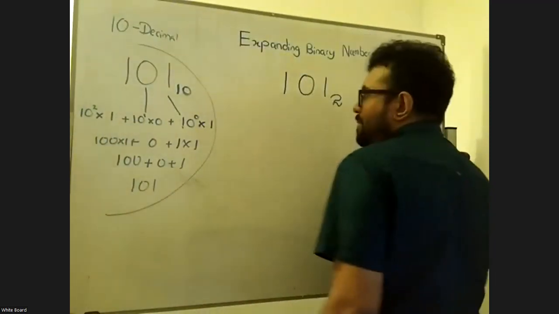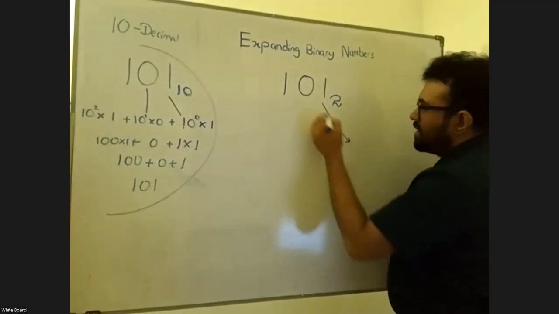If you understood that pattern, what is going to be here? What is the placeholder here?